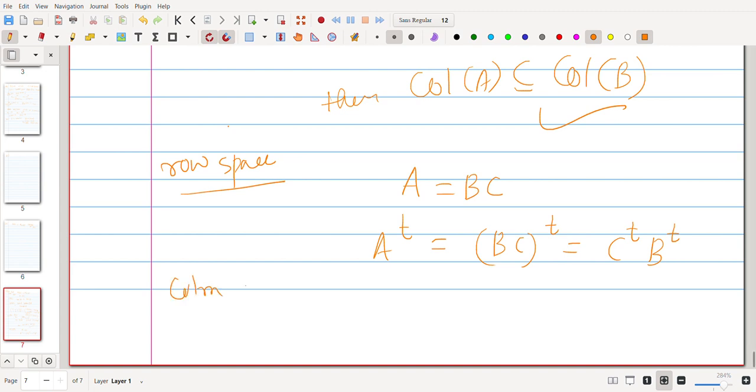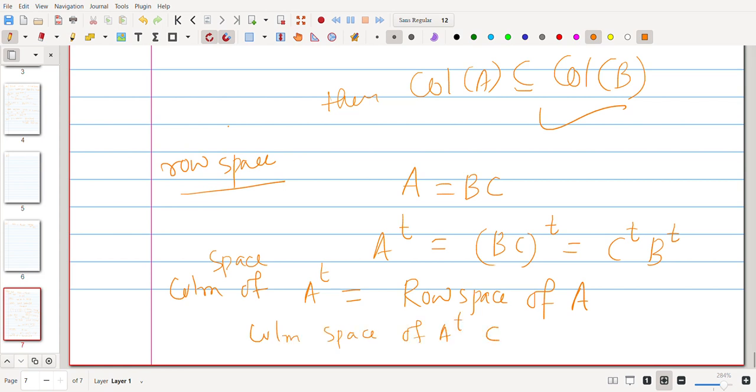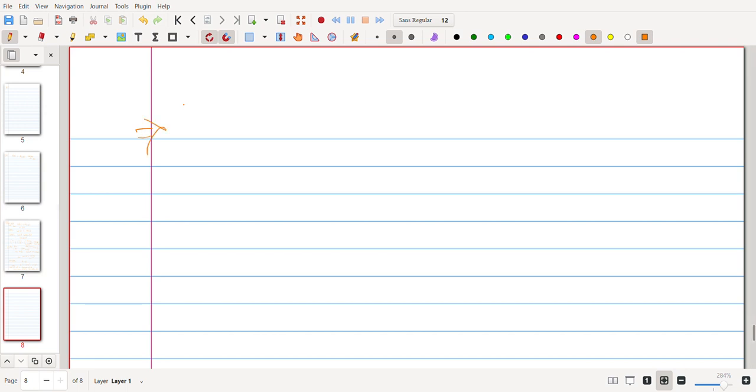Now the column space of A transpose is the same as the row space of A. Then by a similar argument, the column space of A transpose is contained in the column space of C transpose, which implies the row space of A is contained in the row space of C. And this is also true.